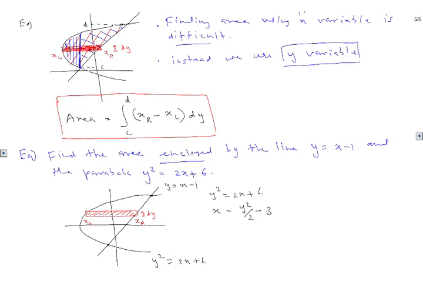That's the parabola one. We can call it xl just to make it clear. And the other one is y equal x minus 1. If you solve for x, it is y plus 1. This is on the right, so you can call it xr. You don't have to, but you can. Okay, so those are the two curves.